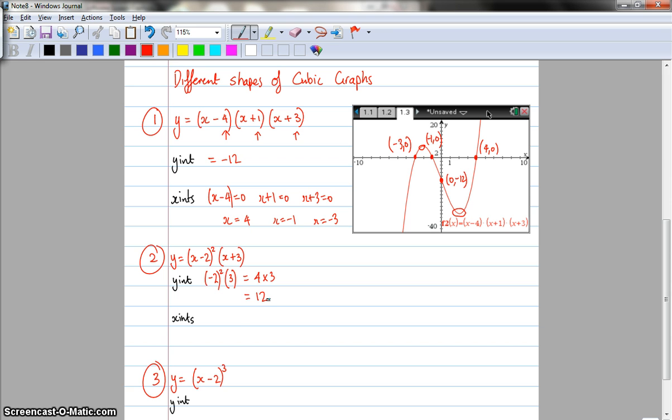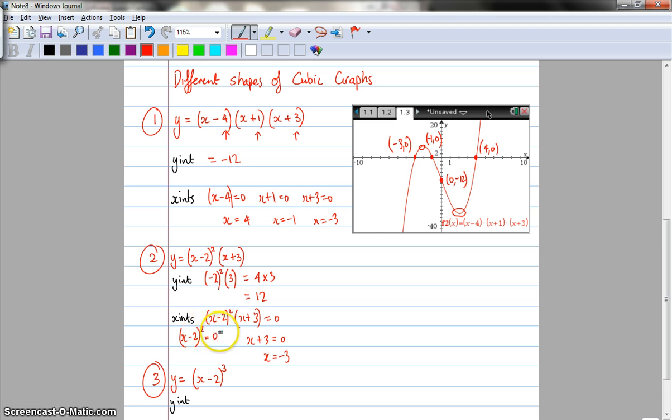Okay, now the x-intercepts, have a look at this one. I get x minus 2 squared times x plus 3 equals 0. That means that x minus 2 squared equals 0 and x plus 3 equals 0. Now that one is fairly easy. That one just becomes x equals negative 3. The other one is a little bit trickier.